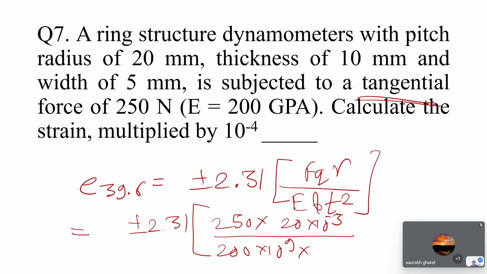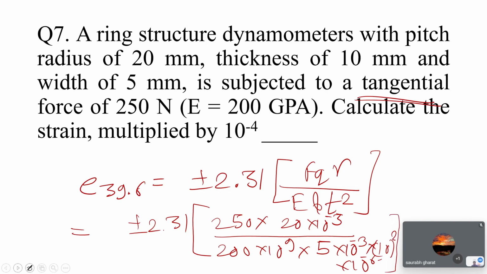Again, it is 5, so 5 × 10 raised to minus 3, into the thickness, which is 10 squared into 10 raised to minus 6. So this becomes 10 squared, the squaring of thickness.